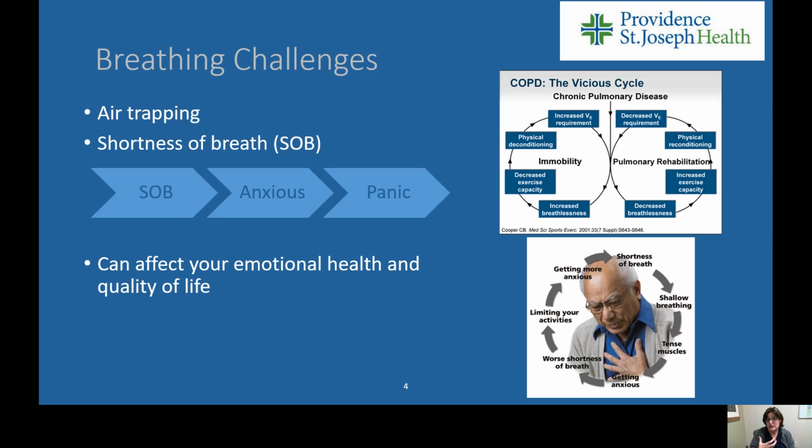Well, what happens is when you start getting anxious, you get all tense and you start using other muscles, which we're going to talk about on another slide. You get all tense here and you start using these accessory muscles. And then they're tense, and then you get more short of breath. And then because you get more short of breath, to do activities is harder, and you get more anxious. And again, you see where that cycle continues.